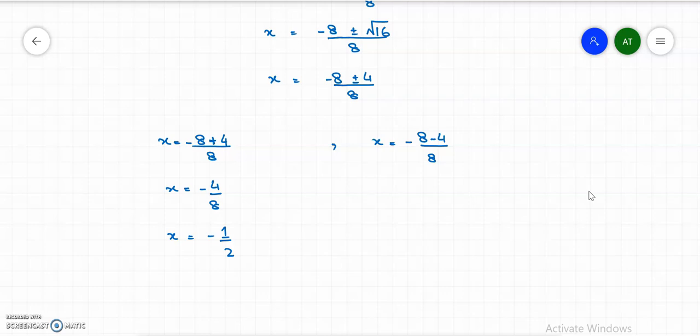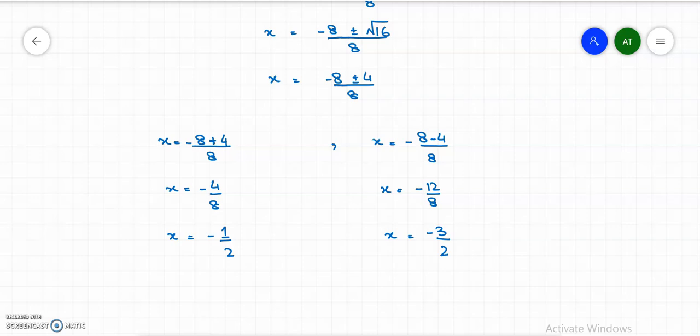and x would be equals to negative 8 and negative 4 is equals to negative of 12. Negative of 12 divides 8. When we convert this fraction into the lowest form, it would be equals to negative of 3 divides 2, because 4 times 3 is 12 and 4 times 2 is 8.